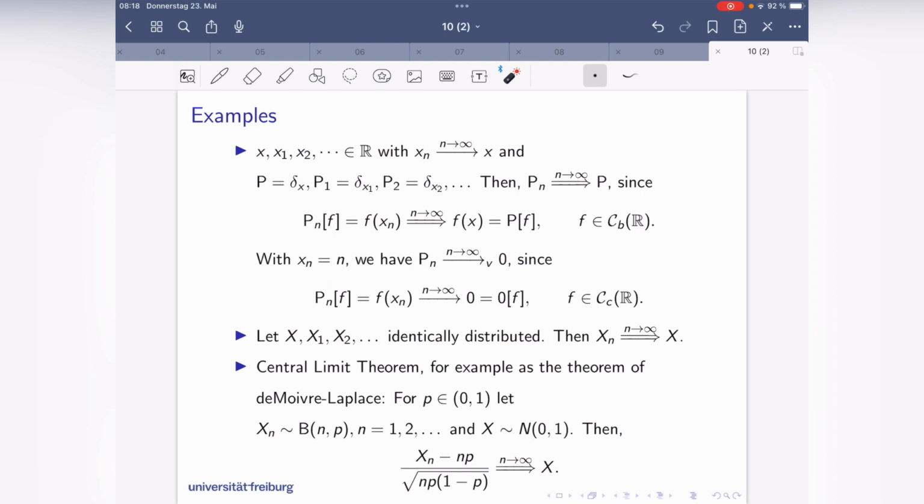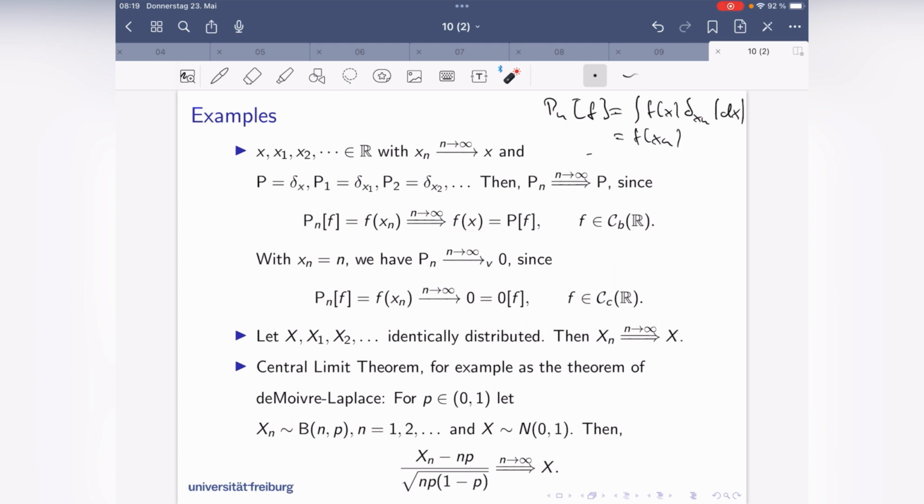Integrating with respect to f, P_n[f] is the integral of f(x) with respect to delta_{x_n}, and this is f(x_n). Now f(x_n) converges to f(x) because f is continuous and x_n converges to x.